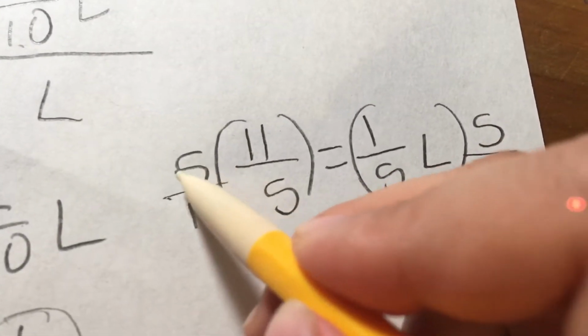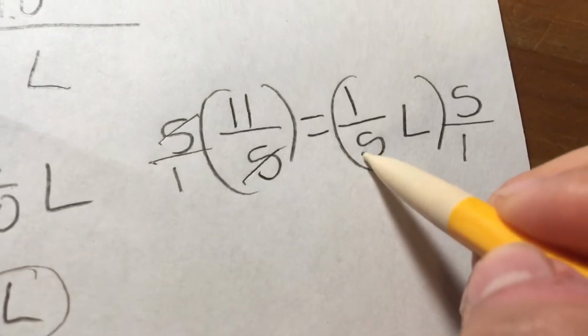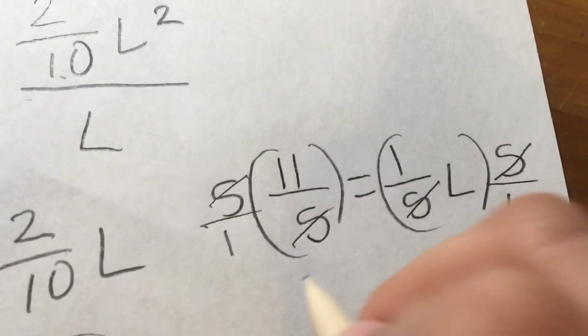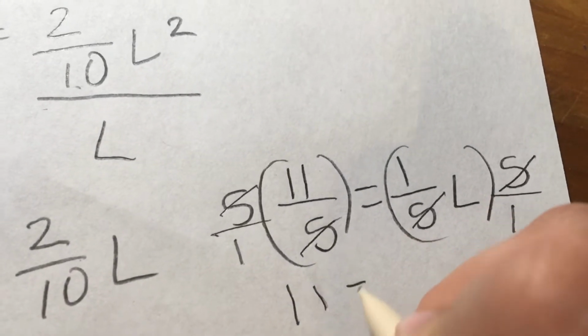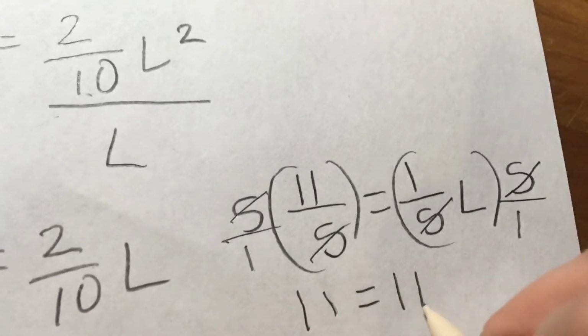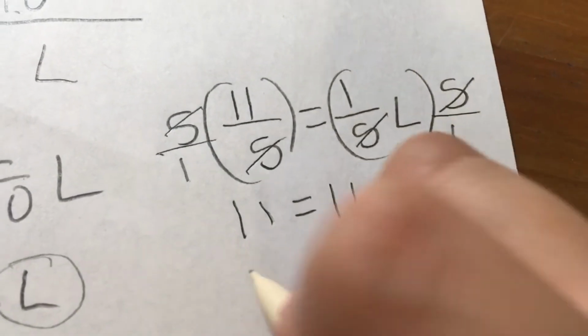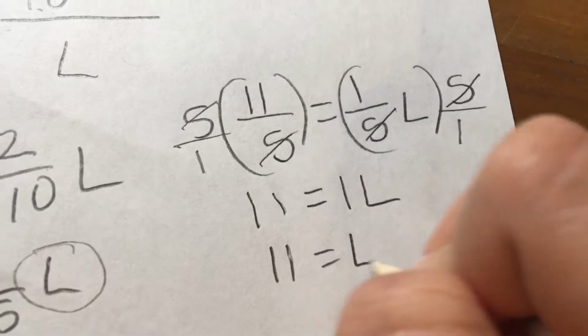Then we can cancel these nifty little 5s out. See how they're all gone? You get 11 equals 1L, which is the same thing as 11 equals L.